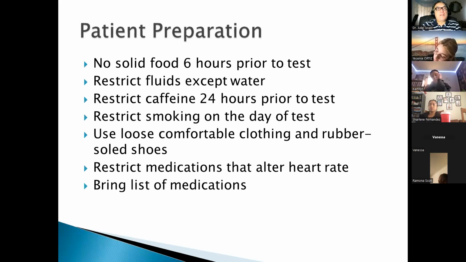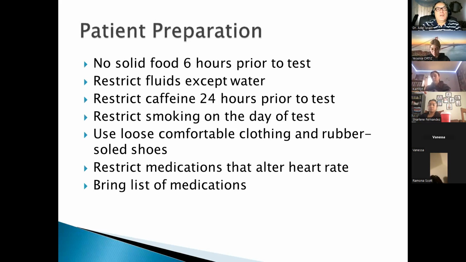And bring a list of medication. Why do we have to bring a list of medication? Because maybe the patient develops a problem with the exercise, and I need to restore the health of the patient.